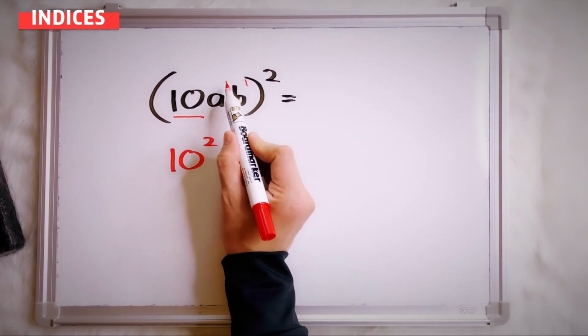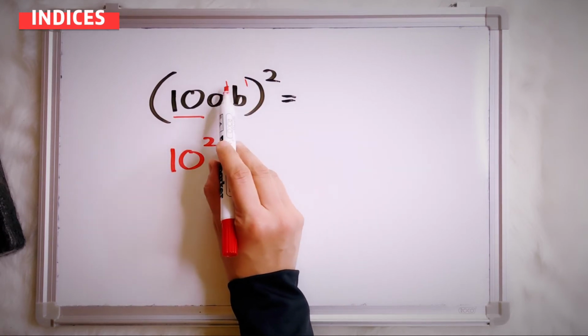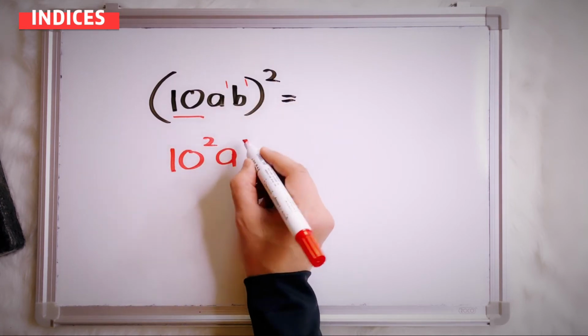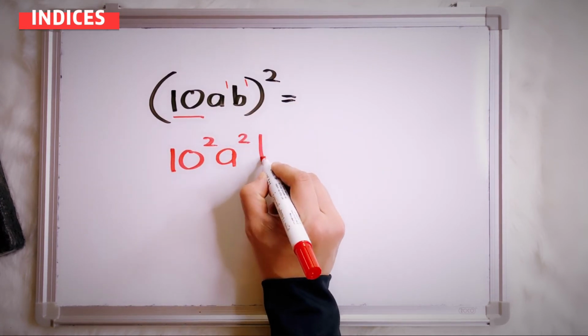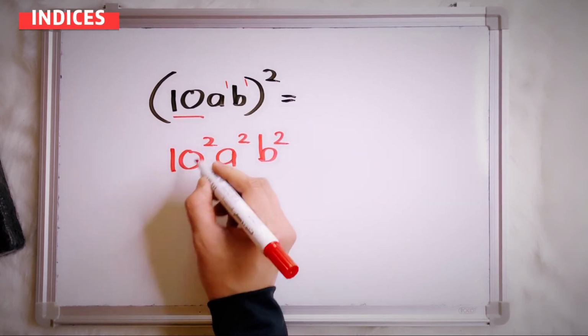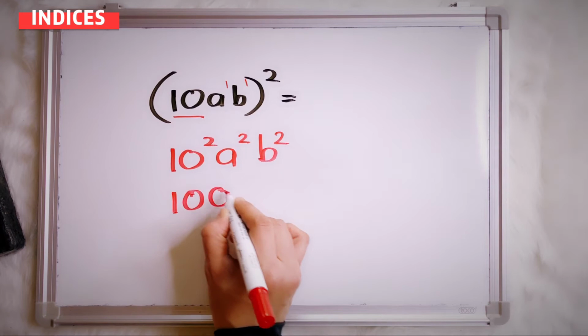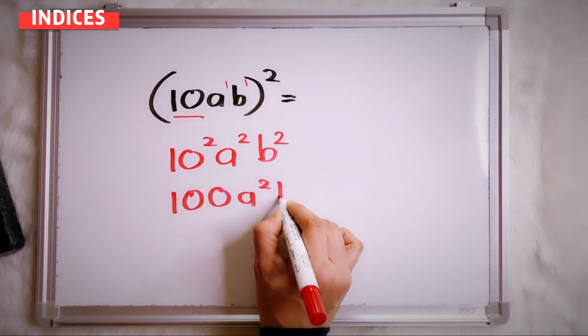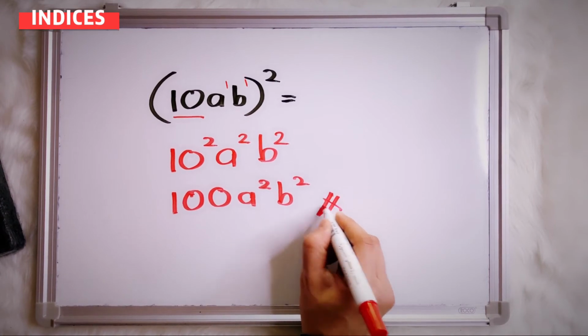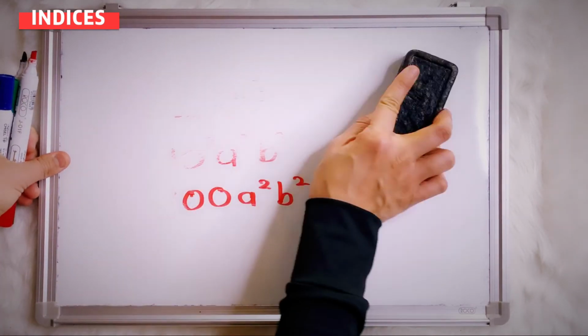If you don't see any number on top of A and B, that means it's a 1. So A, 1 times 2 is a 2. B, 1 times 2 is a 2 also. So 10 squared equals 100. A squared, B squared. Okay? Alright.